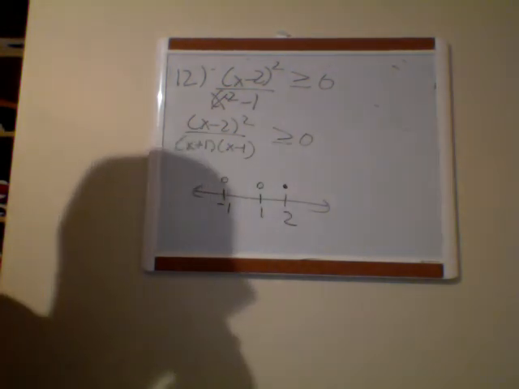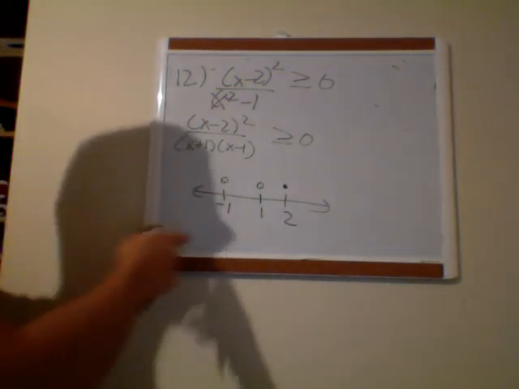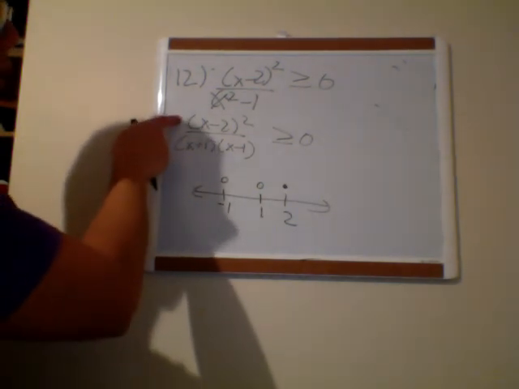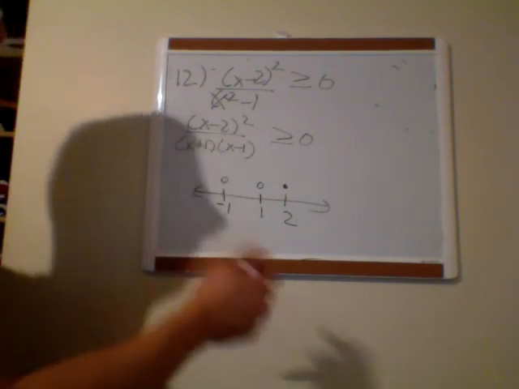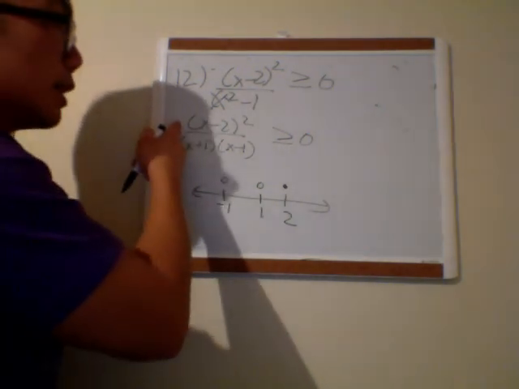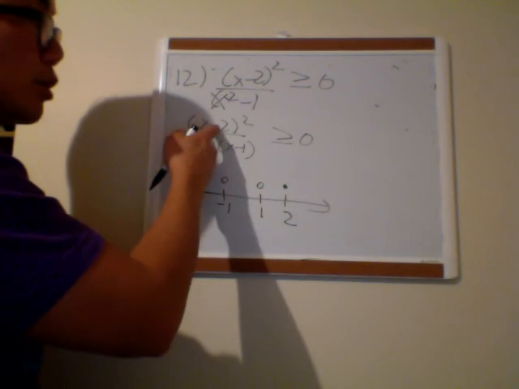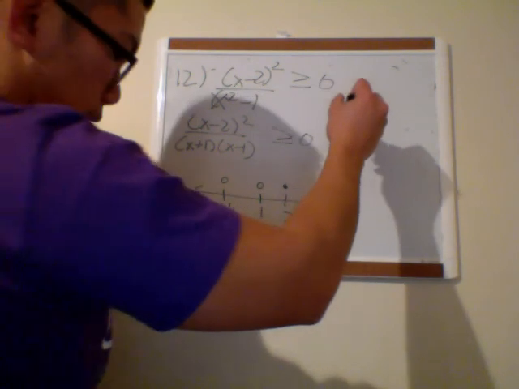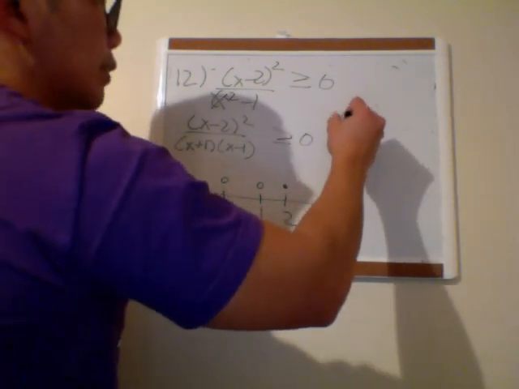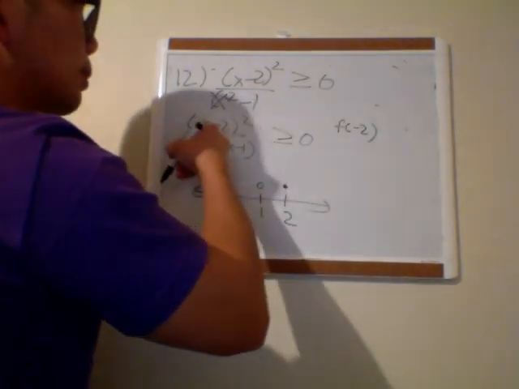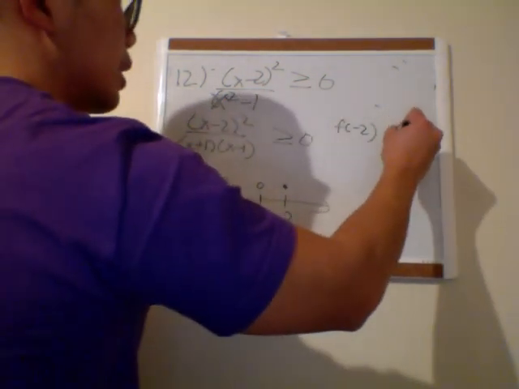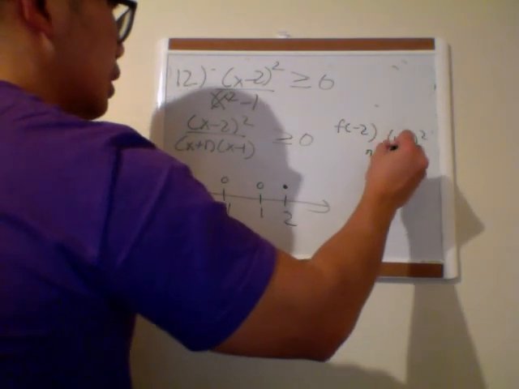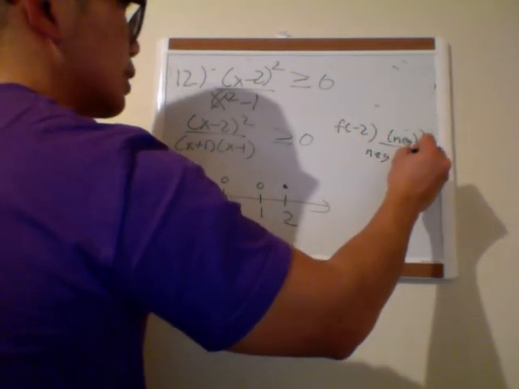So what's going to happen is I need to test my points. If I plug in -2, f of -2 is going to be negative squared over negative times negative.